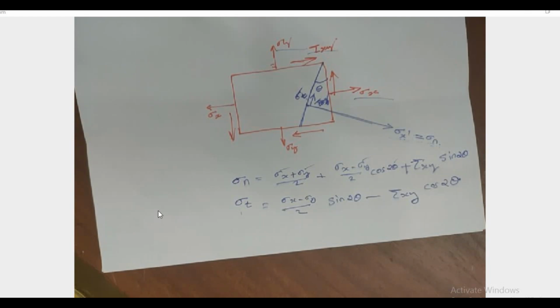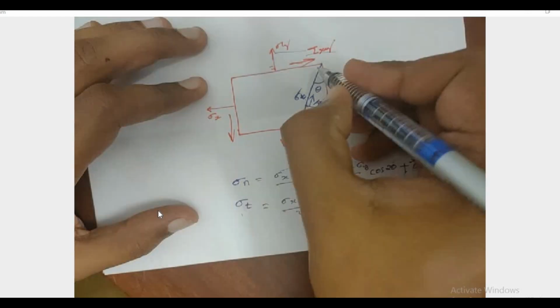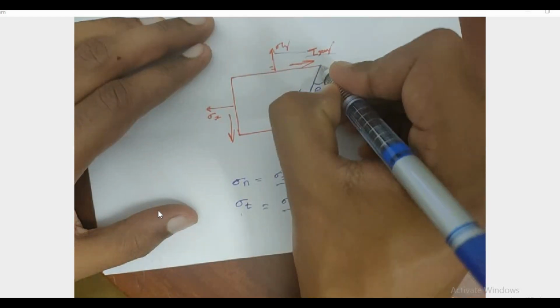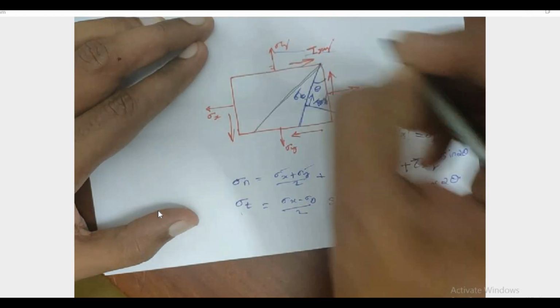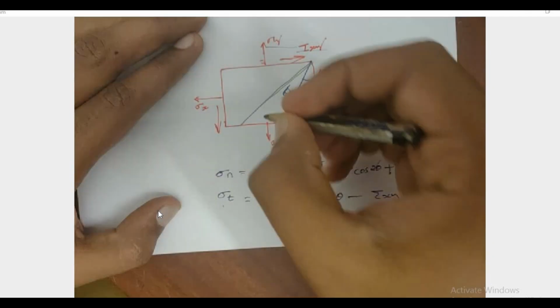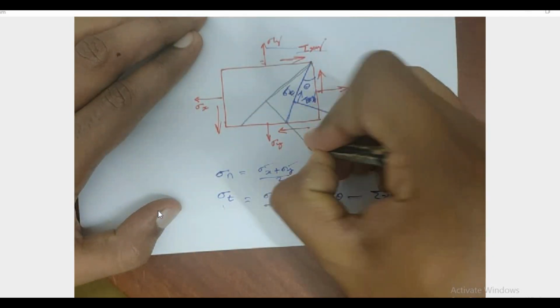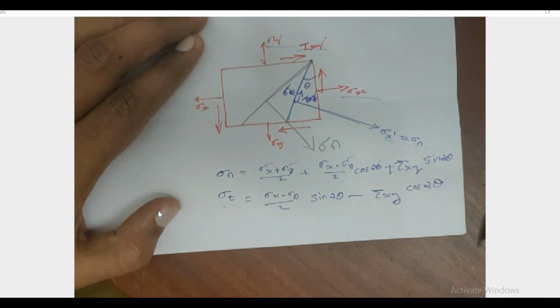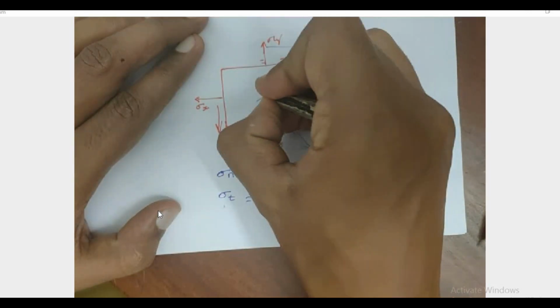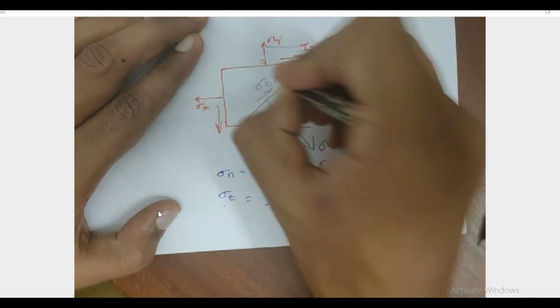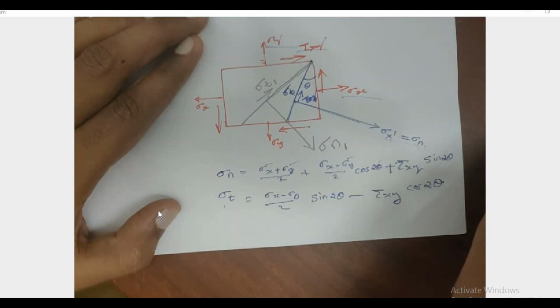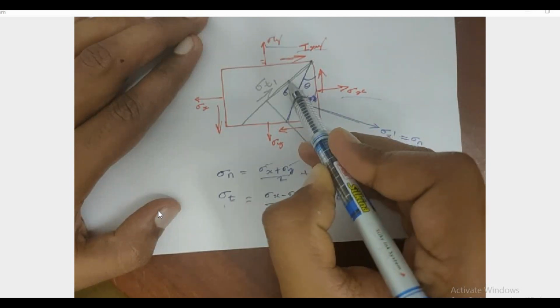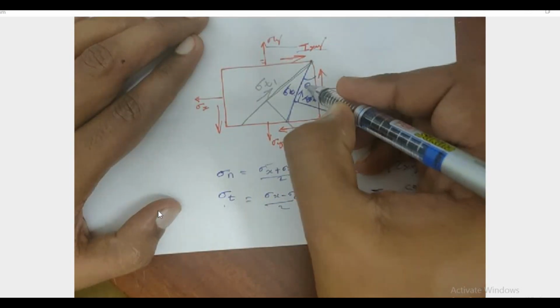Okay. And similarly, we can draw another plane. For example, consider this plane. And here also we can calculate the normal stress sigma n and shear stress sigma t1. And what is the difference between this plane and this plane? The only difference is the angle theta.